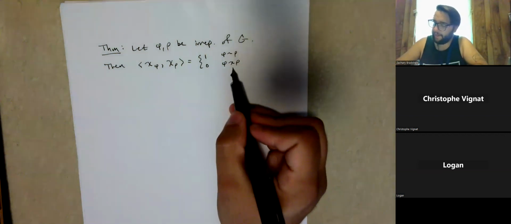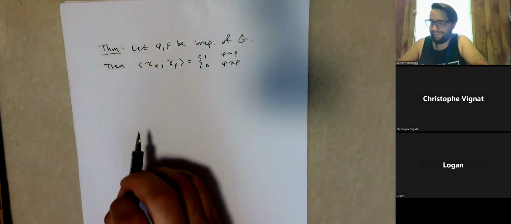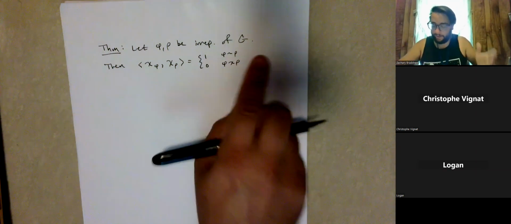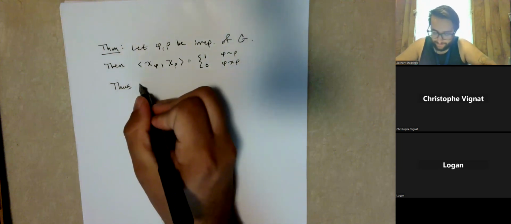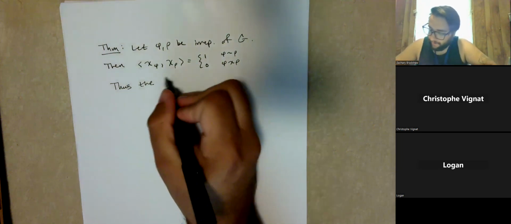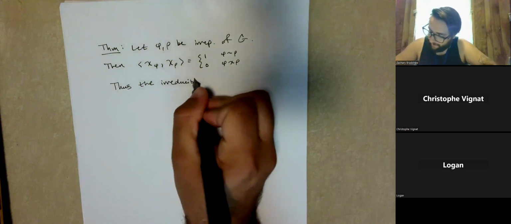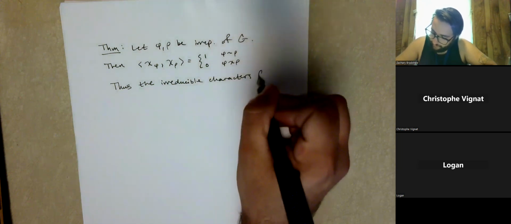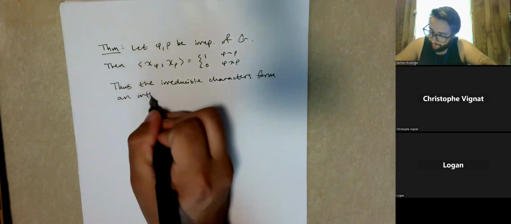My not equivalent symbol looks like a chi. I apologize. Okay, so our conclusion is the irreducible characters form an orthonormal set.